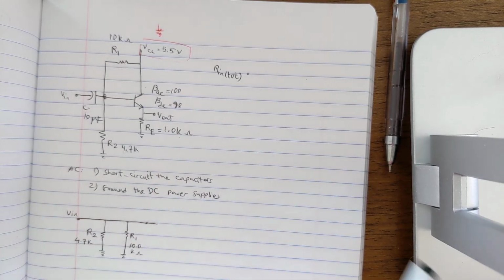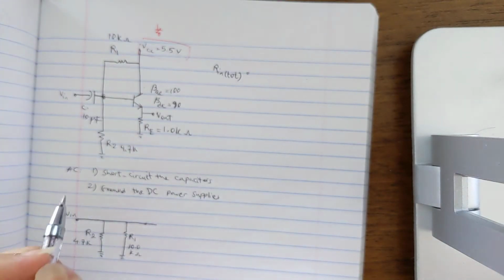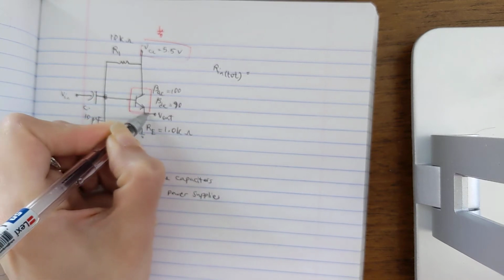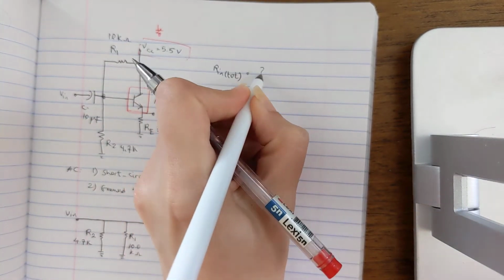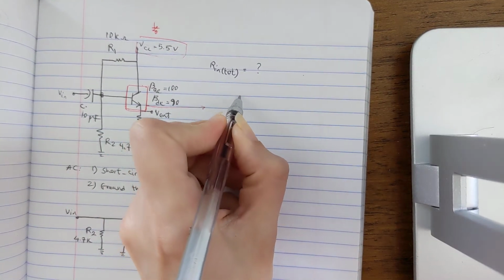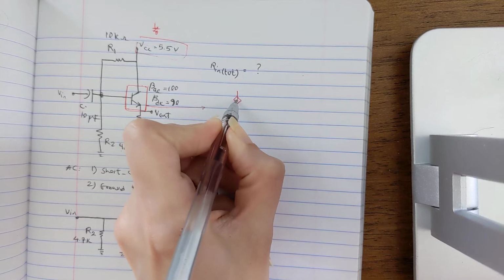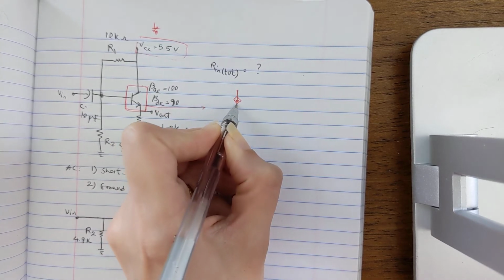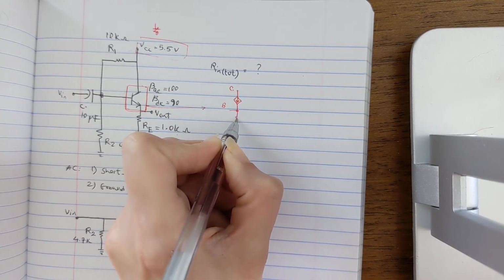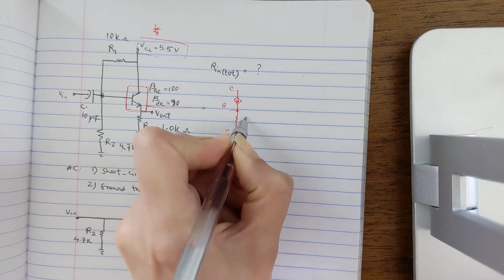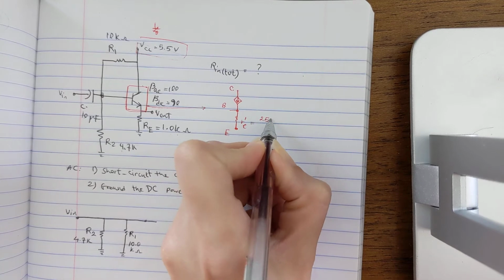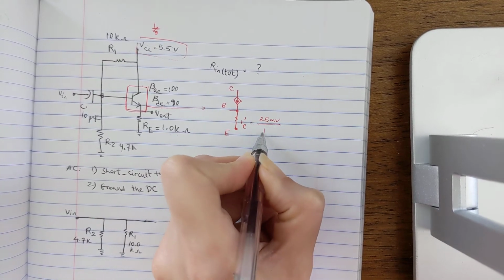Now we should put the equivalent circuit of this transistor. A transistor in AC is modeled by a dependent current source that goes from the collector to the base, then from the base to the emitter by R prime E. R prime E is 25 millivolt over IE.